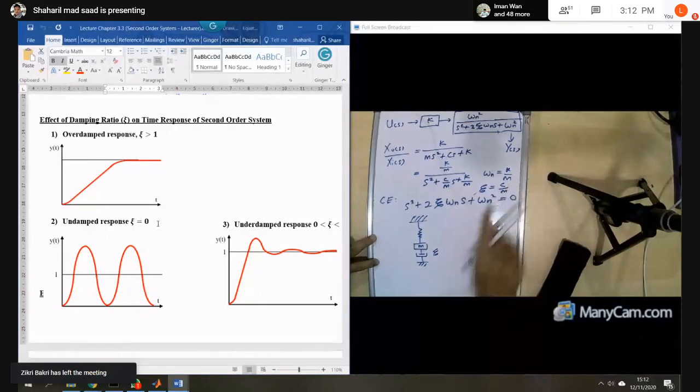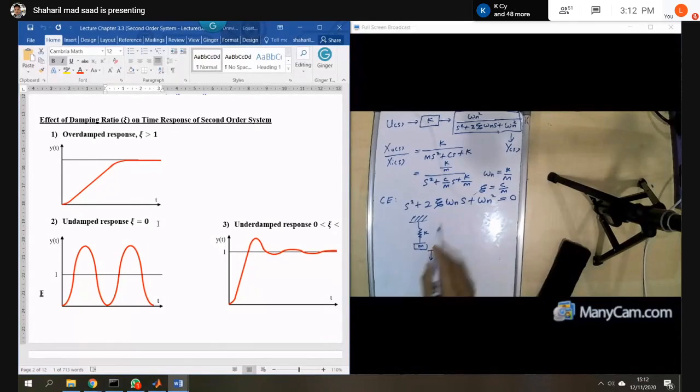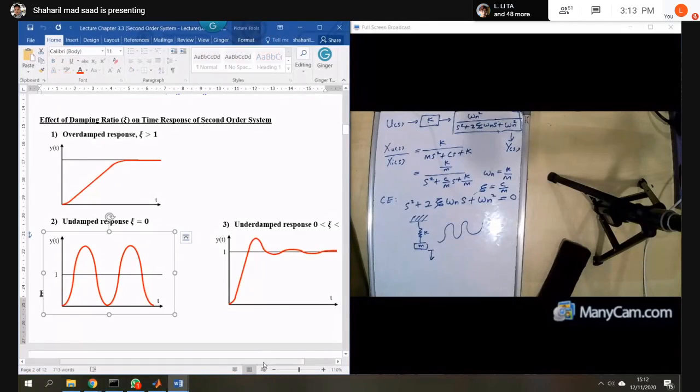So with theta equal to 0, you don't have any damper here. When you pull the mass, this is the k, then you release it, the response will oscillate. This is what we call theta equal to 0.